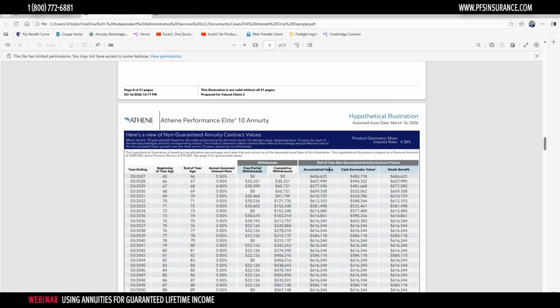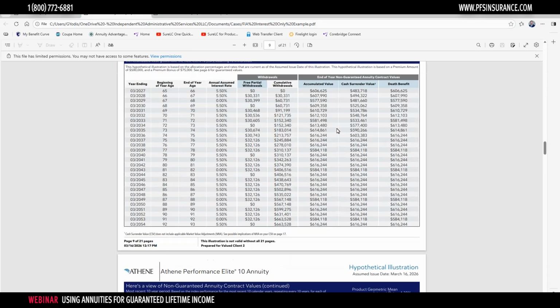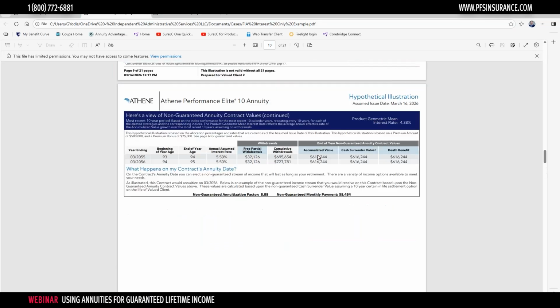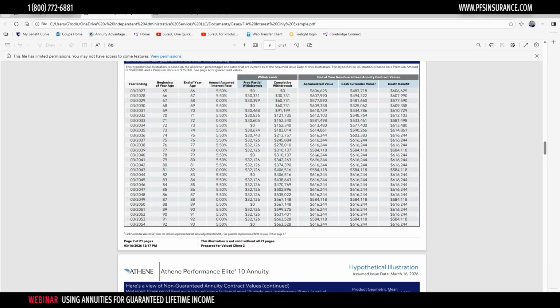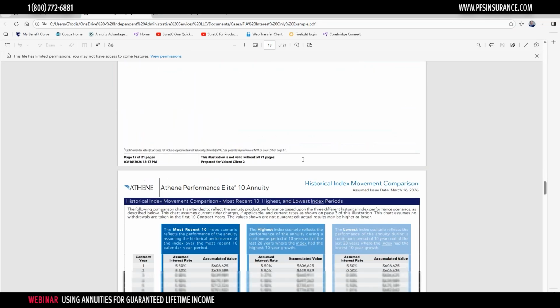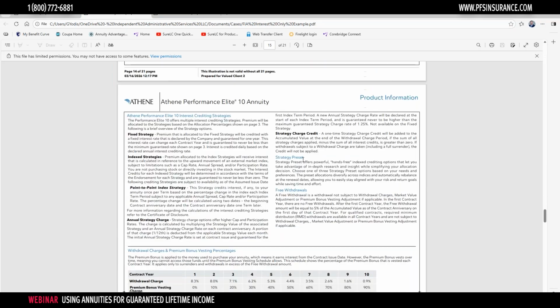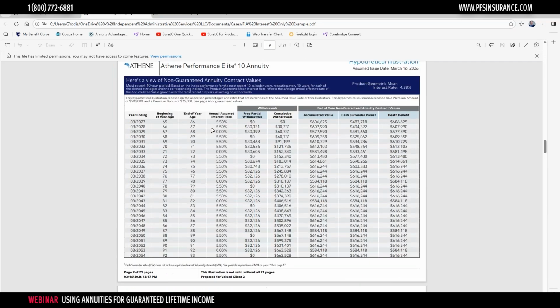So his actual death benefit, let me just go back down. So here it seems like it's running some of the income rider, but essentially what you're doing here is very similar to what we're doing with the multi-year guaranteed annuity, where you're putting it in. Now he's getting a little bit higher because he's getting a bonus on this product.